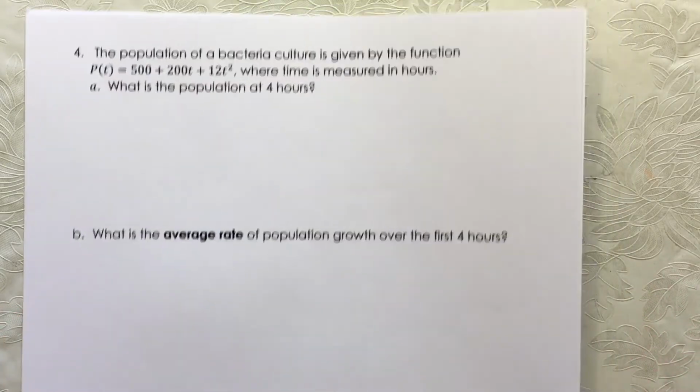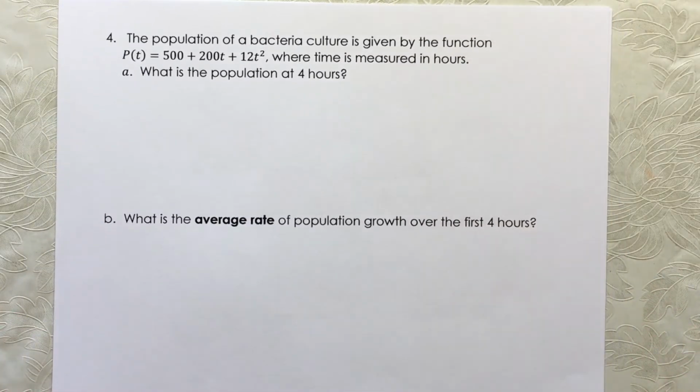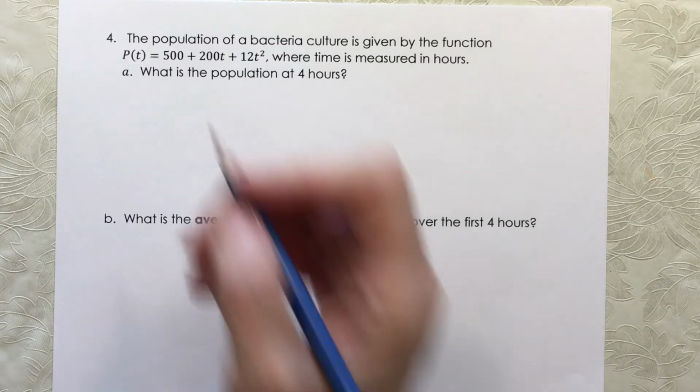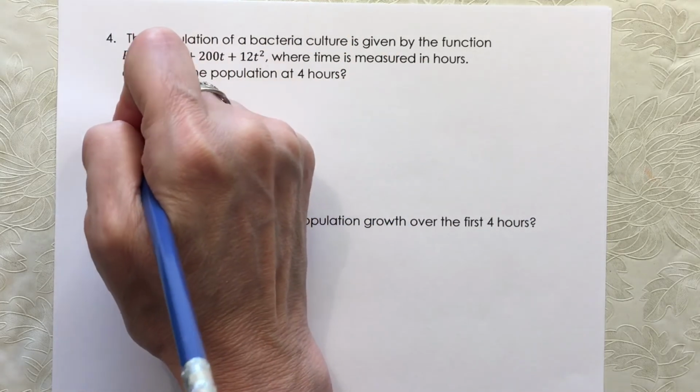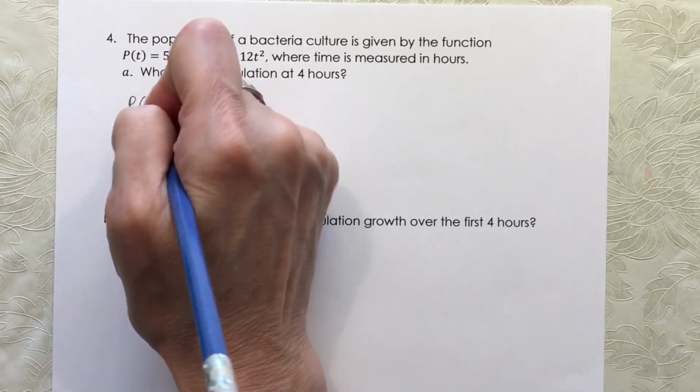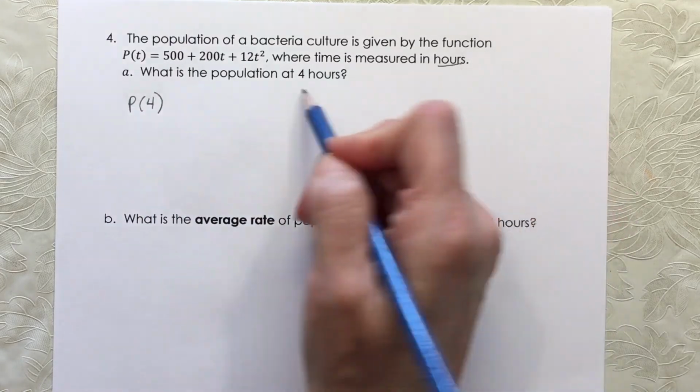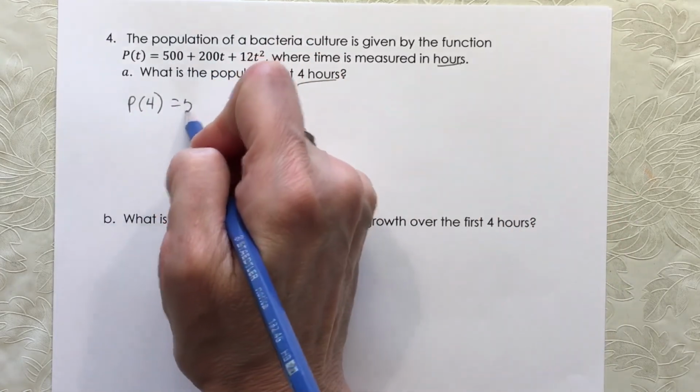There's a word problem. The population of a bacteria culture is given by the function p at t equals 500 plus 200t plus 12t squared, where time is measured in hours. What is the population at 4 hours? So that just wants to know the population p at 4 in hours. So we just need to find p at 4.